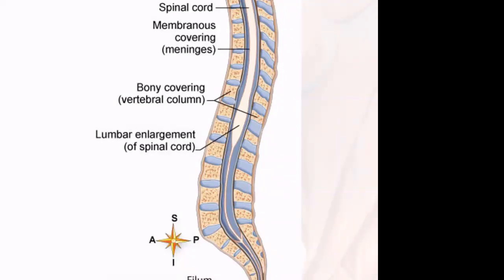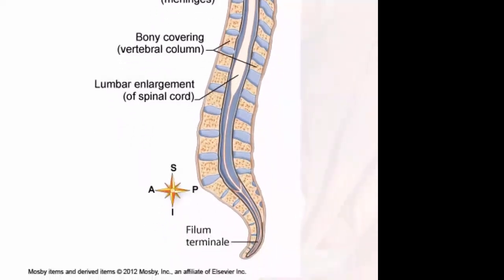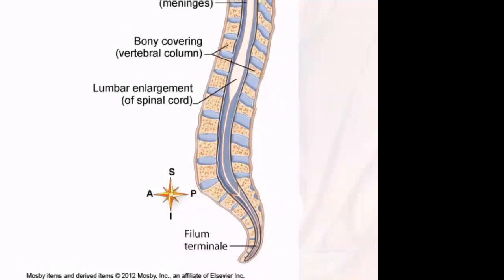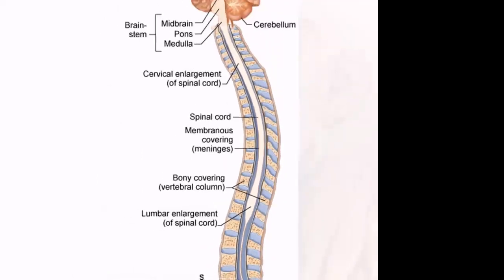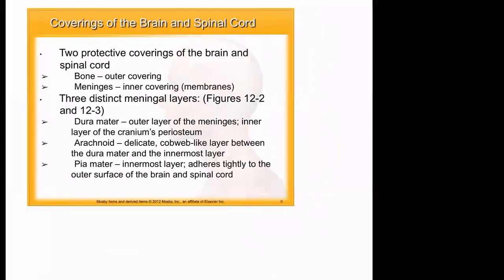And then it kind of branches off. It looks less like one solid piece and more like a horse's tail, which is why that area is called the cauda equina, ending way down in the coccyx. So that is the central nervous system.